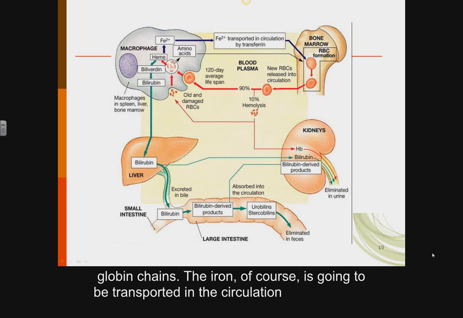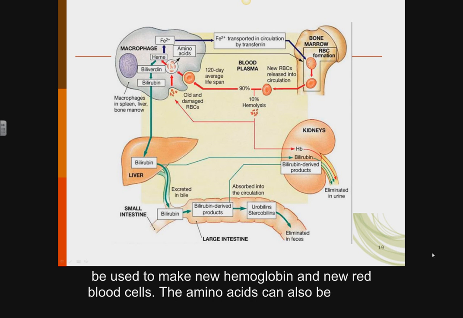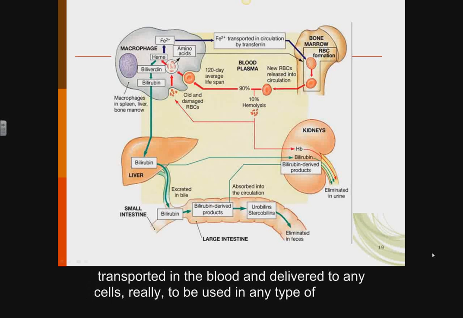The iron, of course, is going to be transported in the circulation by a molecule called transferrin, and it can be delivered to the bone marrow to be used to make new hemoglobin and new red blood cells. The amino acids can also be transported in the blood, and delivered to any cells, really, to be used in any type of protein synthesis.